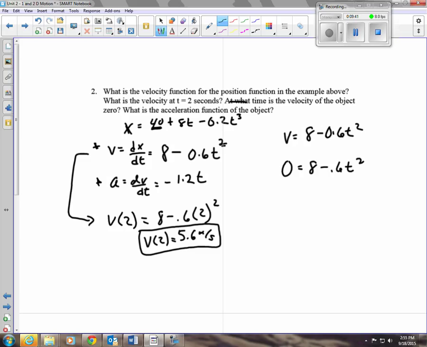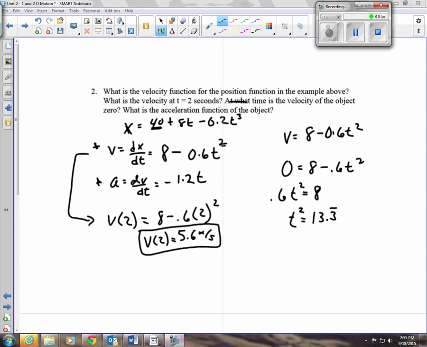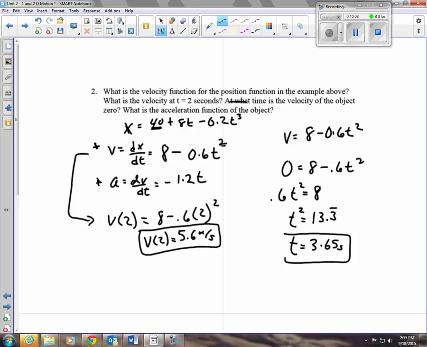So if I bring the 0.6 t squared over the other side, 0.6 t squared equals 8. Divide by 0.6, and I get t squared equals 13.3. And if I take the square root of that, I get that t is 3.65 seconds when the velocity is 0.